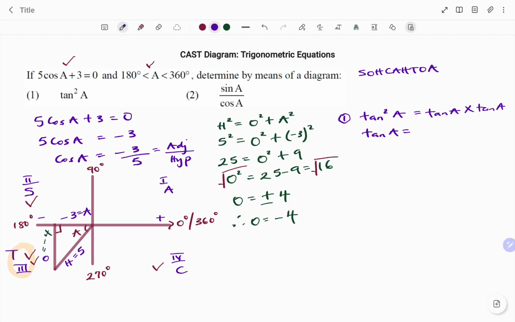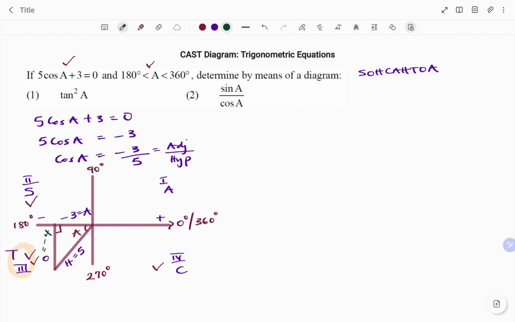Tan A is opposite over adjacent, which, if we go back to the diagram, opposite we got as negative 4 over adjacent negative 3. So that will be positive 4 over 3. Therefore tan squared A will be 4 over 3 times 4 over 3, which is equal to 16 over 9.